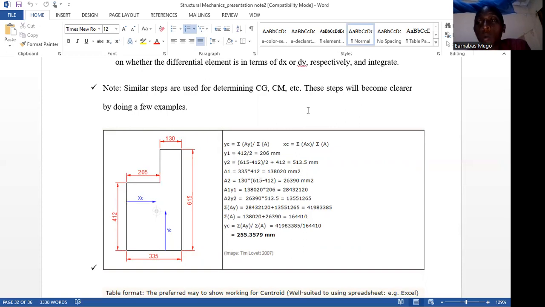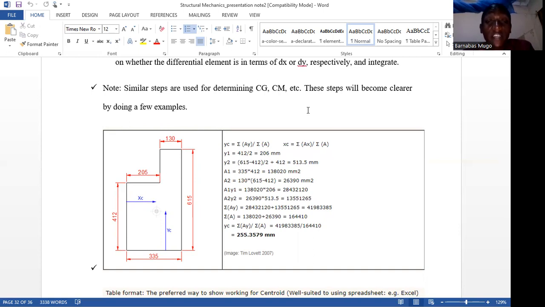That is exactly what we are supposed to find, that is XC and YC. XC is the ordinate for the X part of the centroid, and YC is the ordinate for the Y part of the centroid.